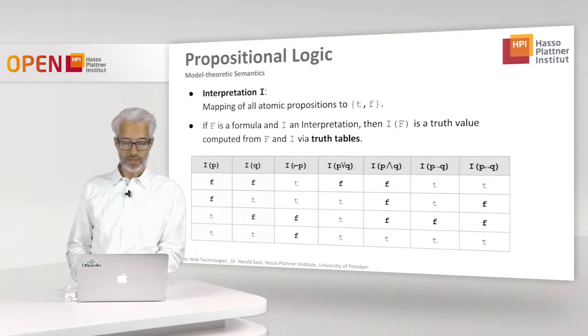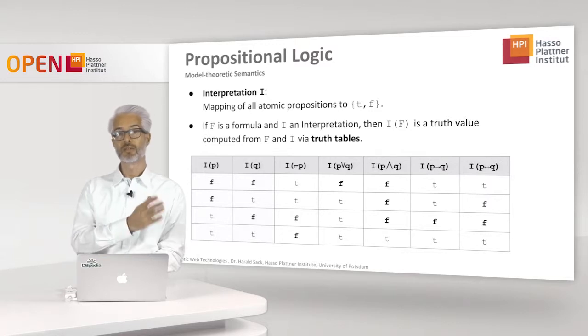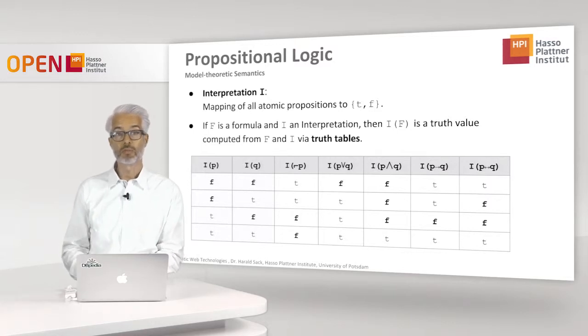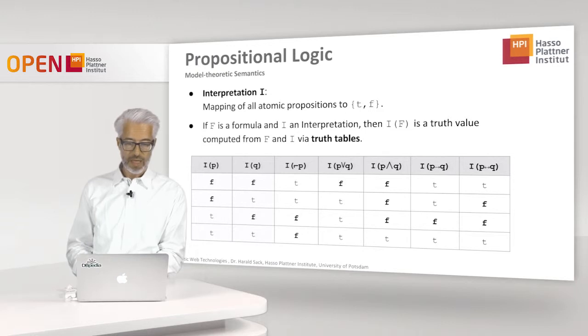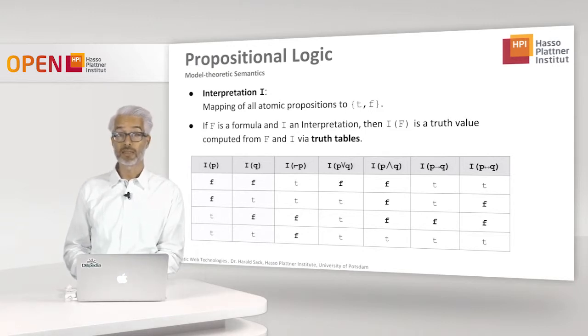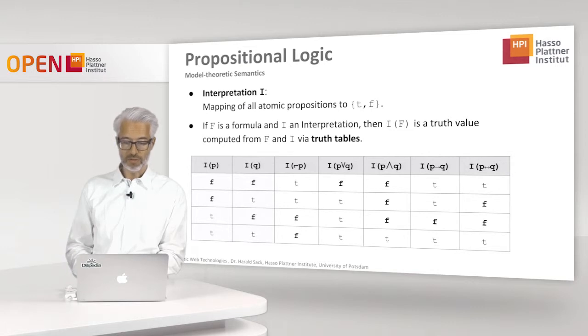So what you do is you simply take for P and Q the according truth values that you see here in the leftmost two columns of the table, and then you see in these truth tables what the logical connectives in the end really assign as a value to the combination of these two formulas.